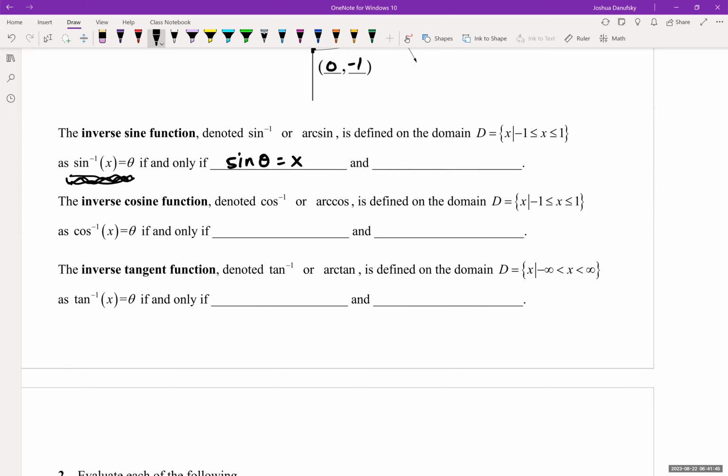And our angle theta is restricted between negative pi over 2 and pi over 2. Like that.